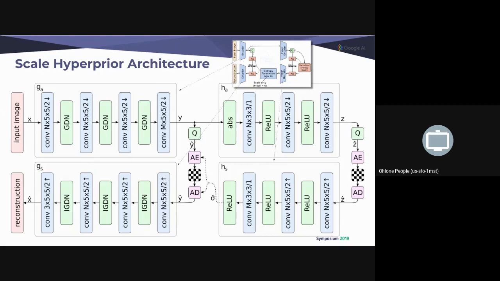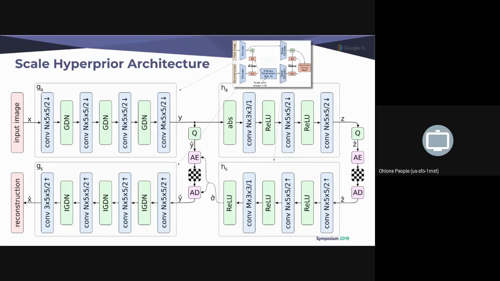That means that we have a stride of 2 that goes down in spatial resolution. And the nonlinearity is something called generalized divisive normalization. I will not get into details regarding it in this talk, but I will tell you that it is a nonlinearity which is learned. So it's in some sense another convolution.